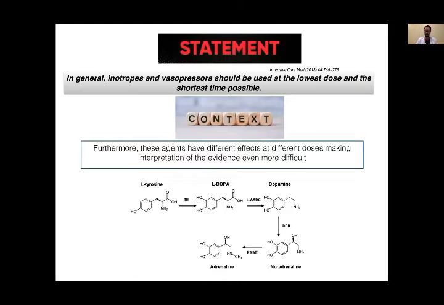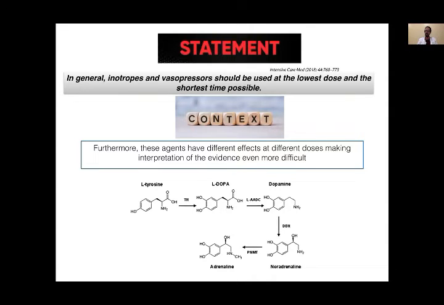And one thing that must be kept in mind: these catecholamines are endogenous molecules with a physiological effect every day for all our life.